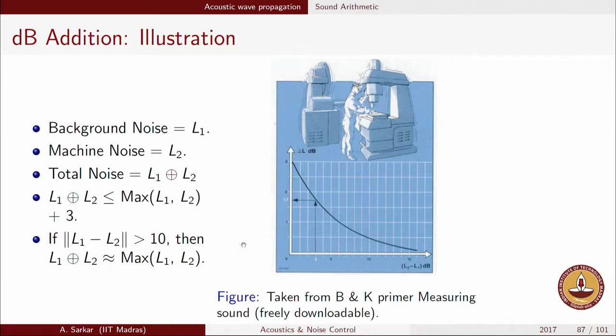Which means that if there are two sound sources and the sound pressure levels of these two sources differ arithmetically by 10 dB or more, then the weaker one is not going to contribute much to the total sound.